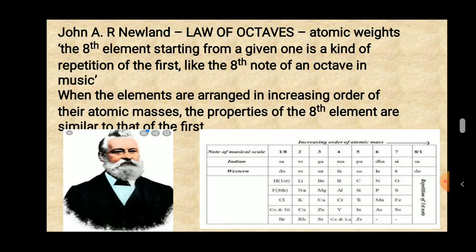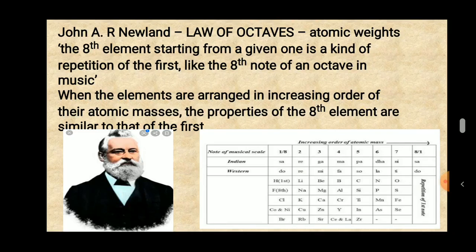When the elements are arranged in increasing order of their atomic masses, he also used the principle of arranging based on atomic masses. Even Dobereiner arranged the elements based on atomic mass. Newland also arranged the elements based on atomic weight.